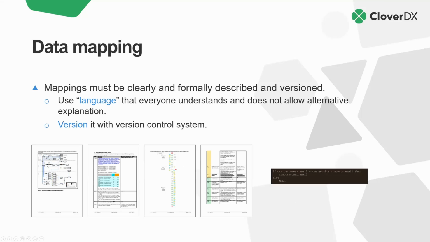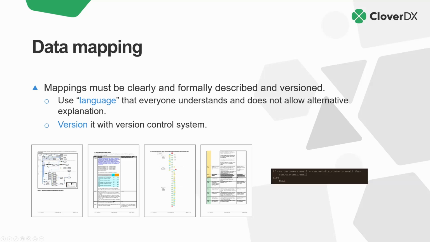So talking about the data mapping, I think what really is important is to use a language that everyone understands and doesn't allow alternative explanation. And I know that this is extremely difficult, especially thinking about how broad the team is and what are all the stakeholders that will work with these plans. But it is really important, and it doesn't necessarily have to be some programming language.